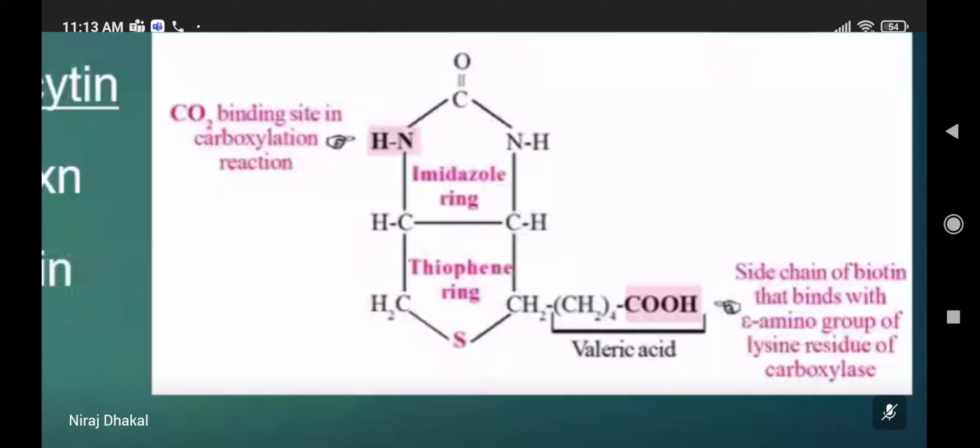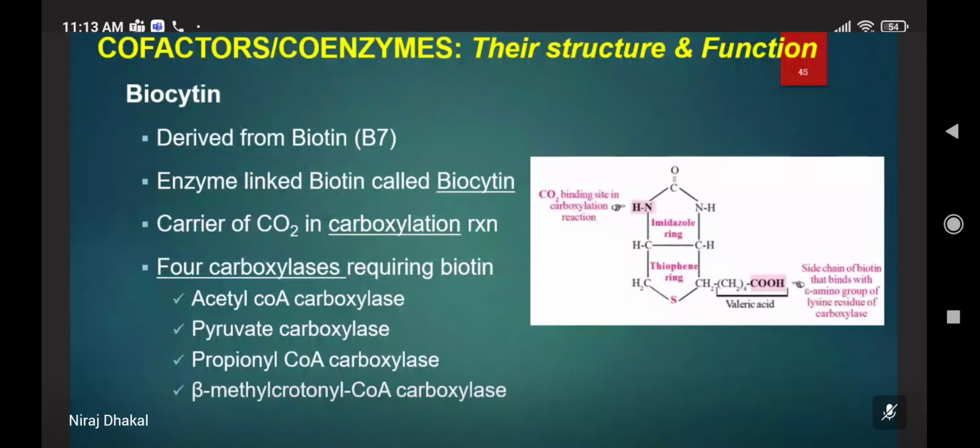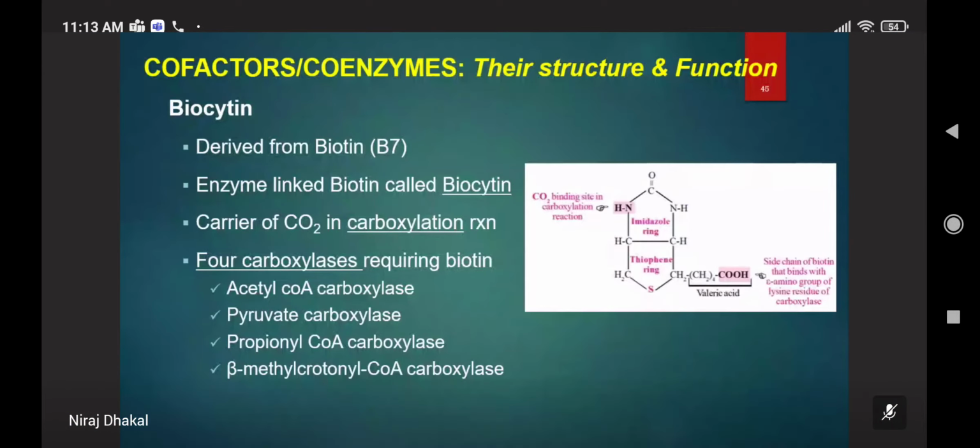These are the most important: acetyl-CoA carboxylase, pyruvate carboxylase, propionyl-CoA carboxylase, and beta-methylcrotonyl coenzyme A carboxylase. So all these 4 carboxylases require biotin for the reaction. In the absence of biotin, the carboxylation does not occur.